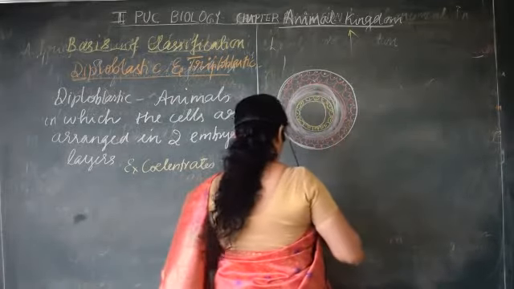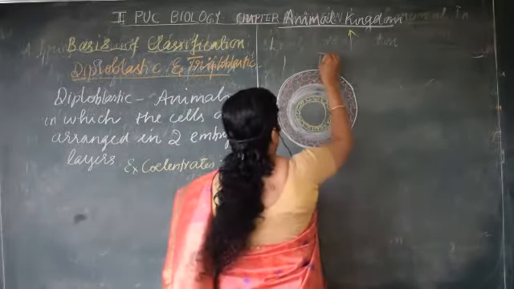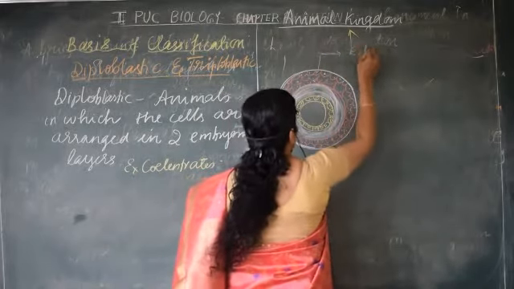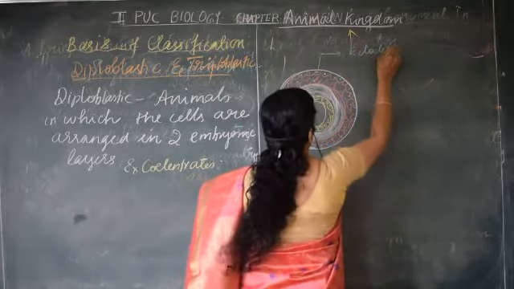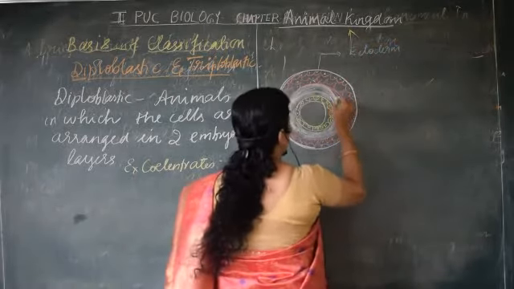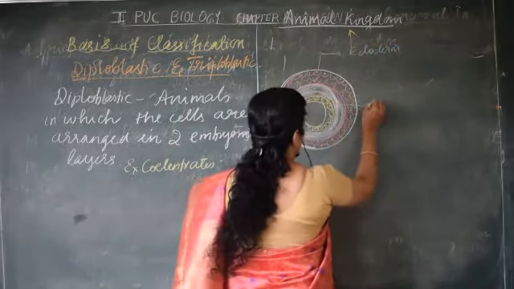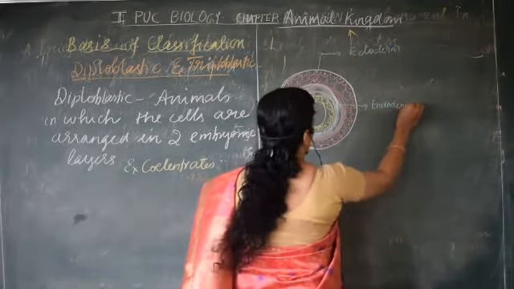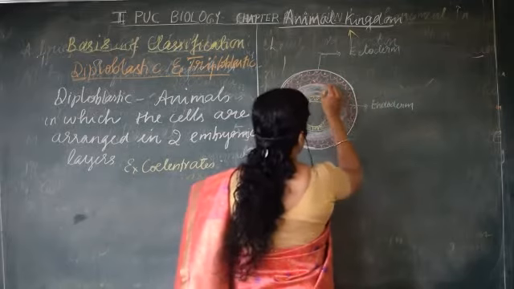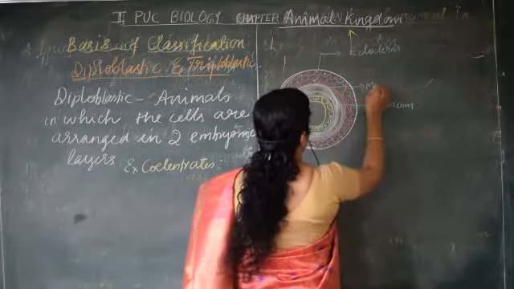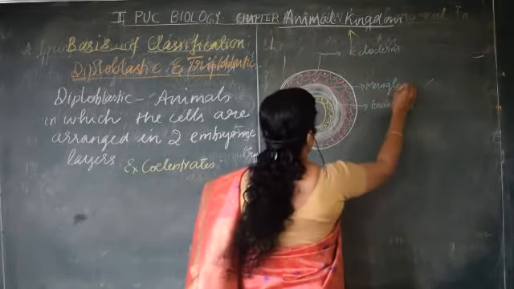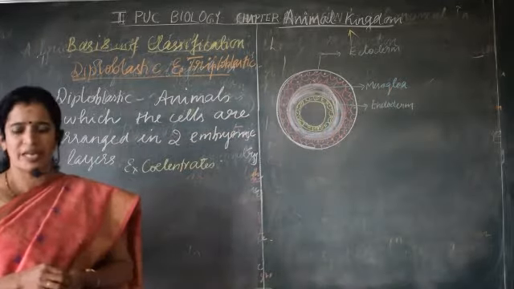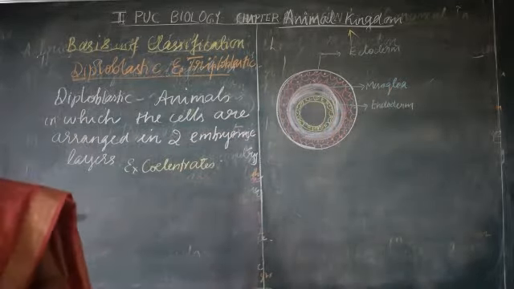This is ectoderm, outer ectoderm. Remember like that. Outer ectoderm, then inner endoderm, internal endoderm, and in between this is the mesoderm, but here it is called mesoglea because there are no cells there. So instead of mesoderm, it is named as mesoglea.